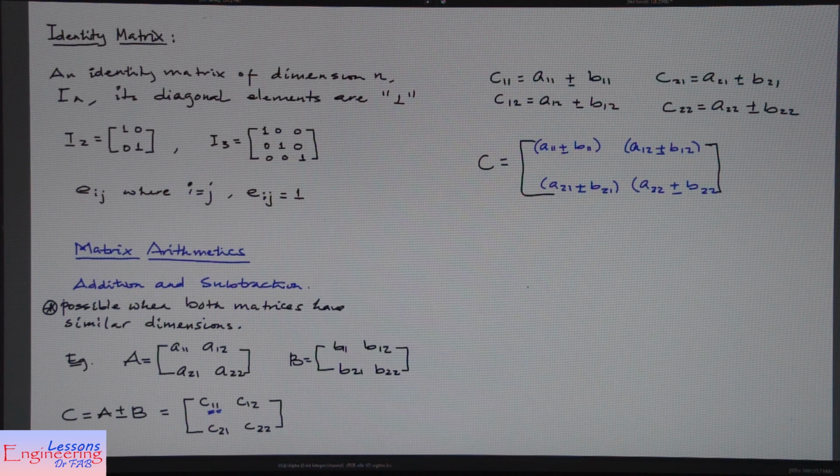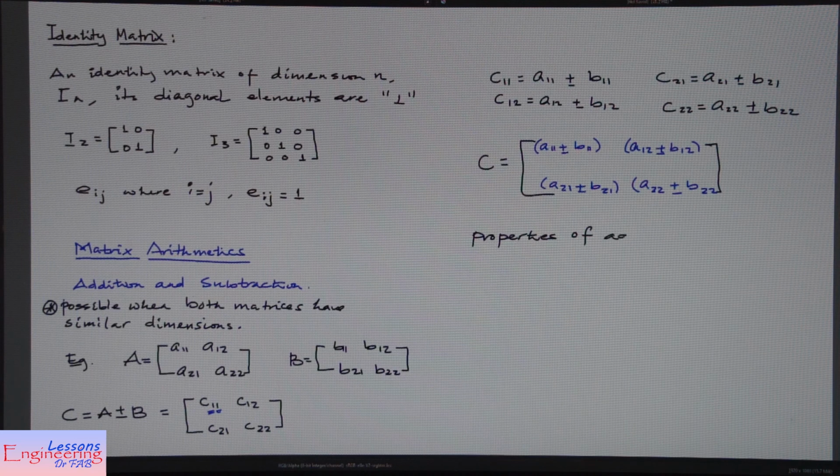Matrix C is made up of the corresponding elements in each of the matrices to be added or subtracted. In the case of C, for example, the C11 place has been taken by A11 plus or minus B11.